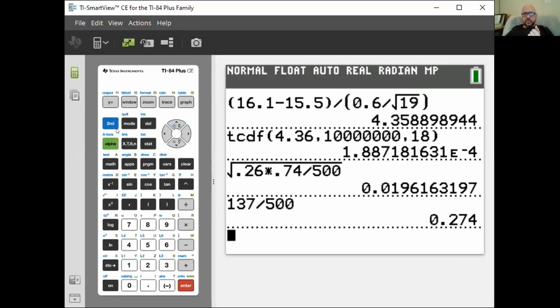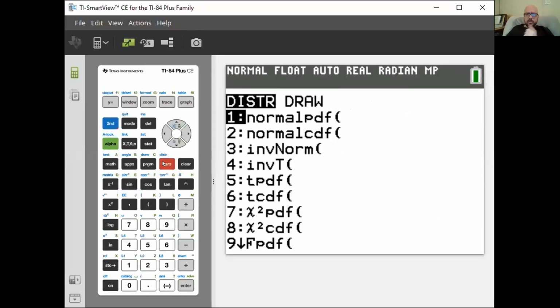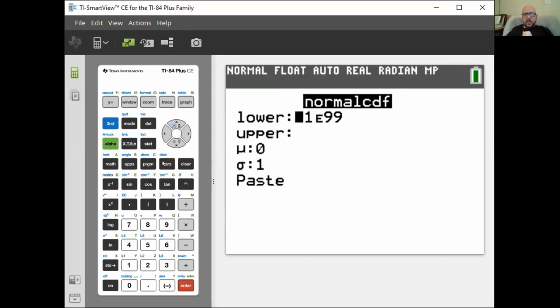So we're going to go to second distribution. Normal CDF. What we say, 0.274. Upper of infinity, just a lot. Mean is 0.26 and the standard deviation is 0.0196.